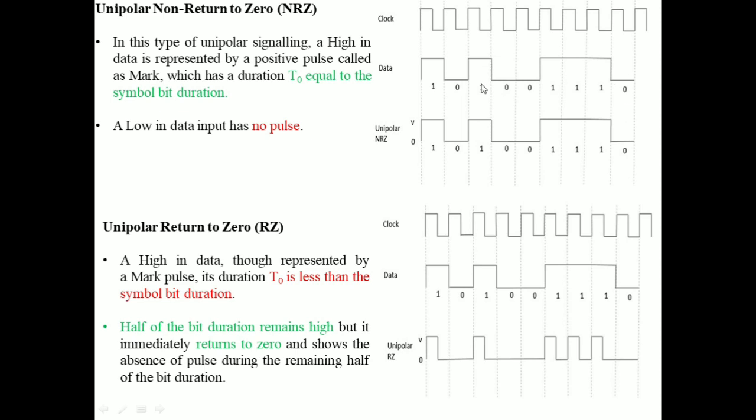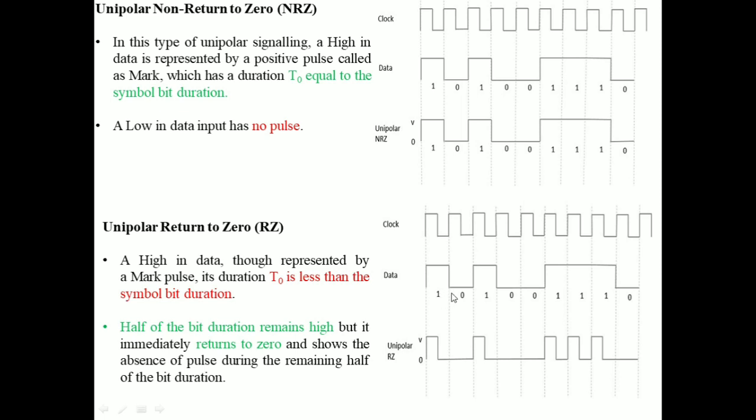This is how unipolar non-return to 0 works. Coming to unipolar return to 0, now we will see the difference between unipolar non-return to 0 and return to 0. In unipolar return to 0, the duration of this particular voltage pulse T0 is less than the symbol bit duration.